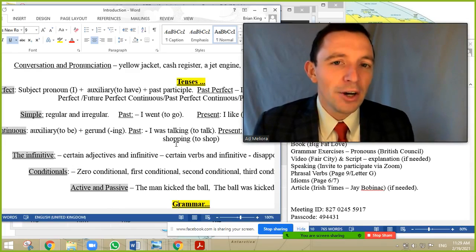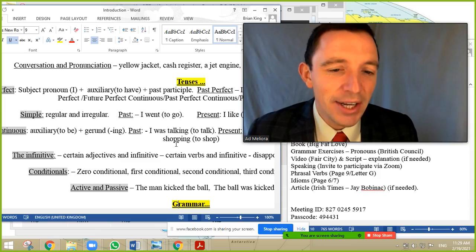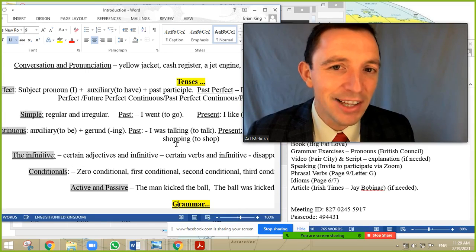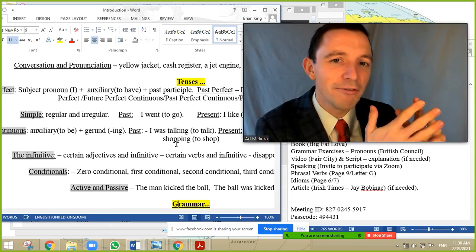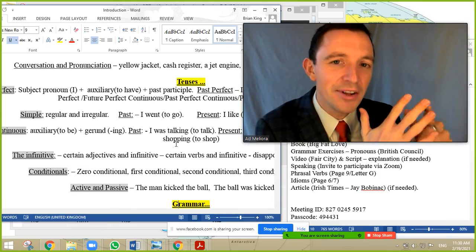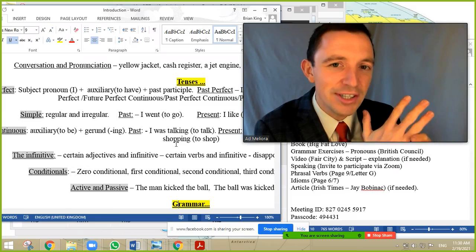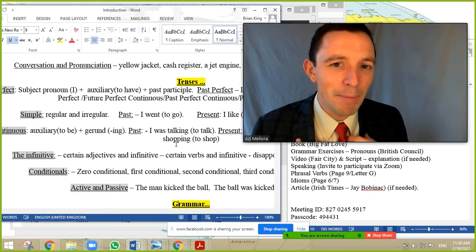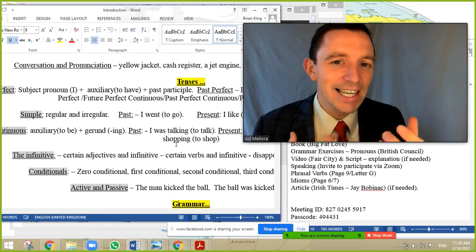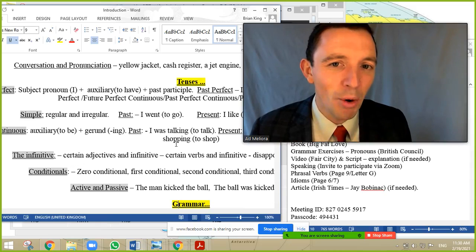Okay, conditionals. The theory for conditionals is quite heavy and quite difficult. The theory in the book for the conditional: the zero conditional, first conditional, second conditional, third conditional. So the conditionals for the theory when you read is complicated, but in my opinion, in reality, it's a little more flexible and a little bit more comfortable.